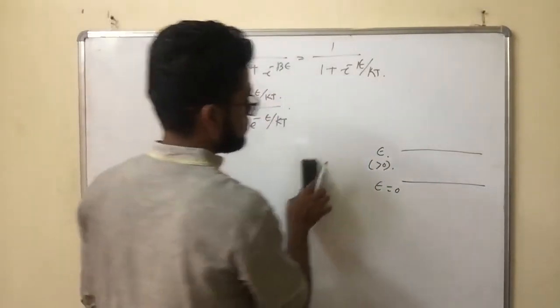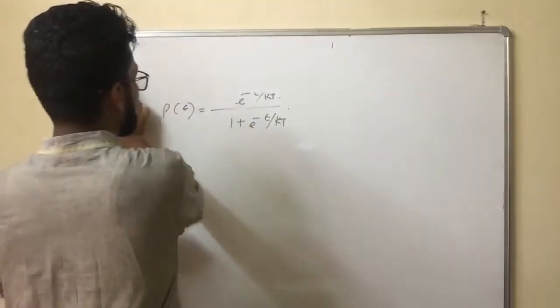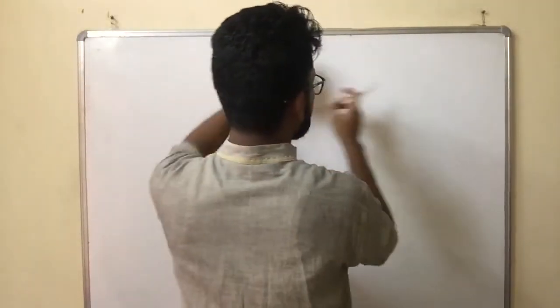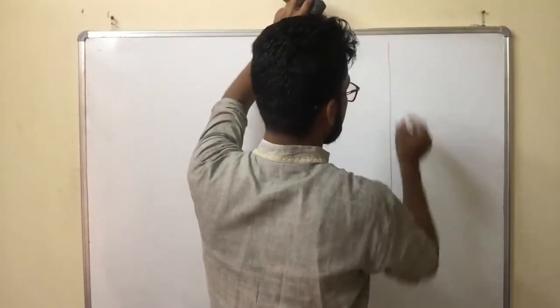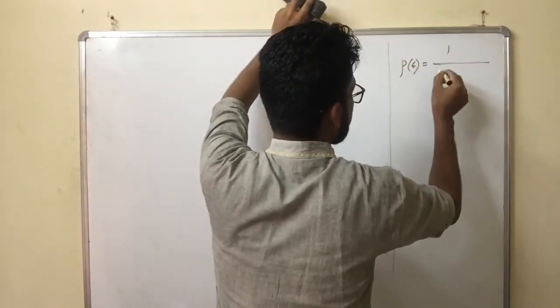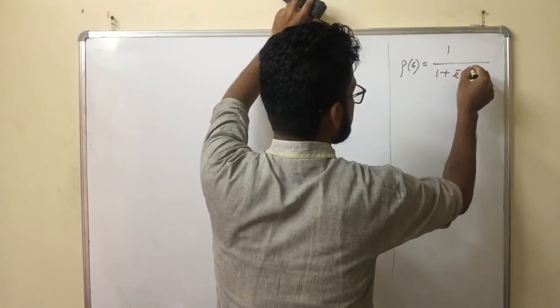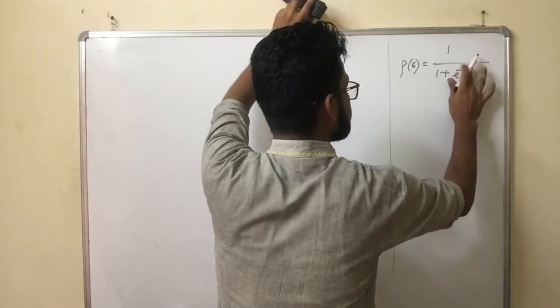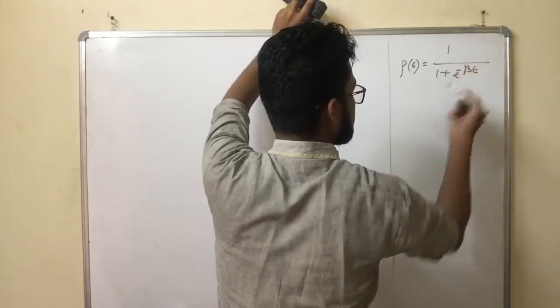You can verify by yourself whether it is wrong or correct. This is a probability. So I am writing here, P0 is 1 over 1 plus e to the power minus beta E, this one.